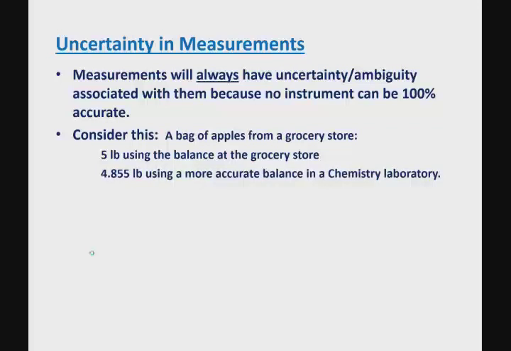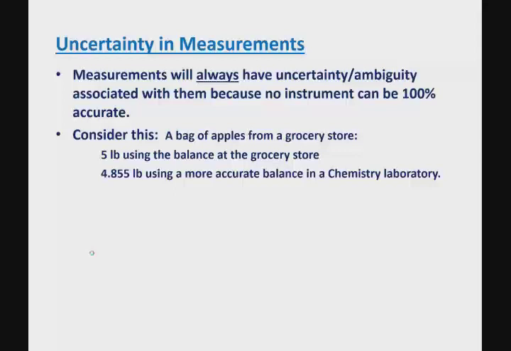What's going on here? Did we lose some apple from the grocery store to the laboratory? Or maybe the grocery store lied to us and told us we had more than what we actually did? None of those cases actually is what's happening here. The balances at both places are working just as they're designed to. The bag of apples didn't actually lose any apples.